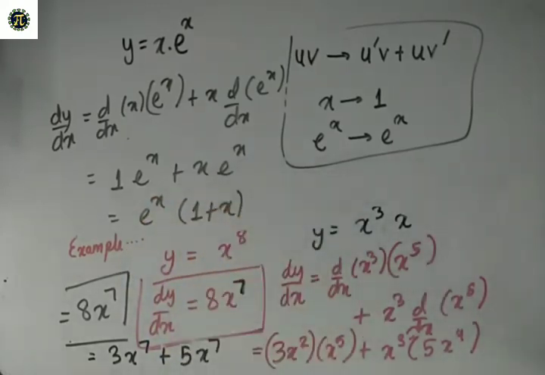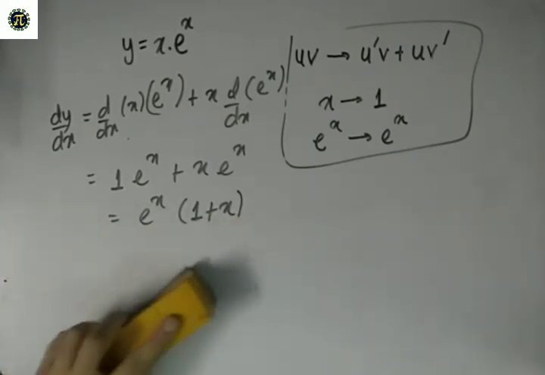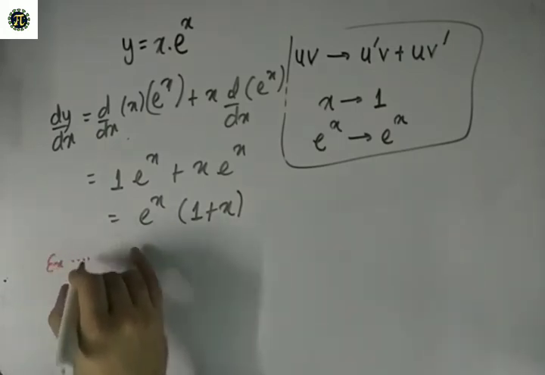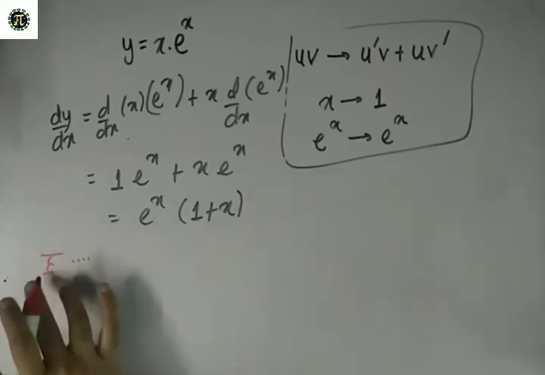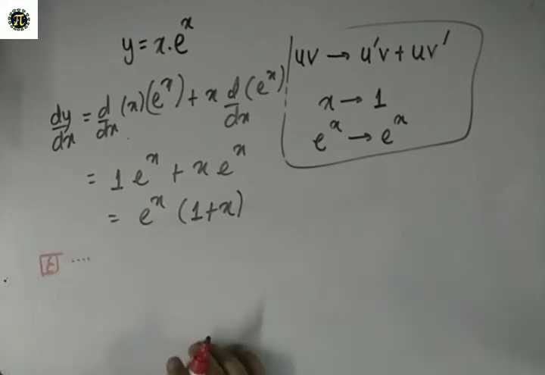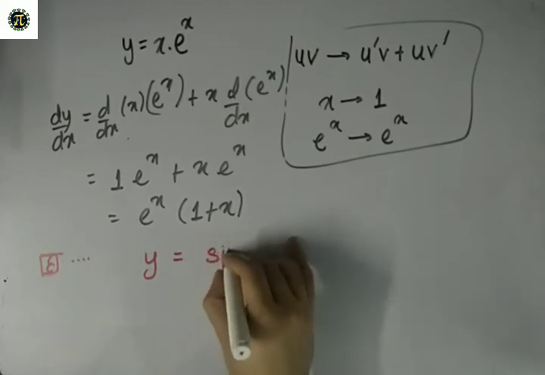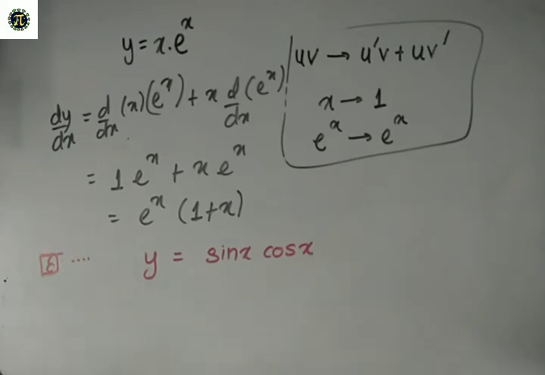Okay, moving to the second example. Maybe let's say we can do differentiation of, let's say, sin x into cos x. So some of you might know some trigonometric ways to combine these two, but right now we are just differentiating.